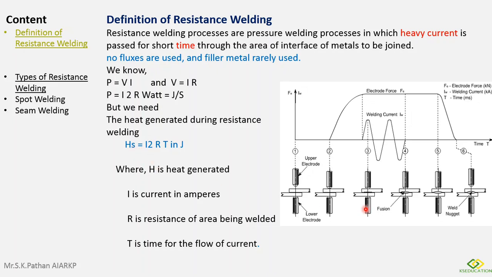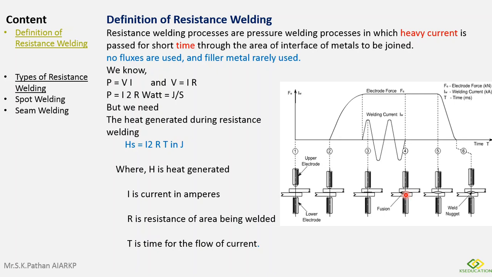So it means that if you apply a heavy current through this point for a short period of time, resistance is created, and because of that resistance heat is generated, and this heat is responsible for softening the metal over the area of interface of the metal to be joined, and after pressure this weld nugget is formed.